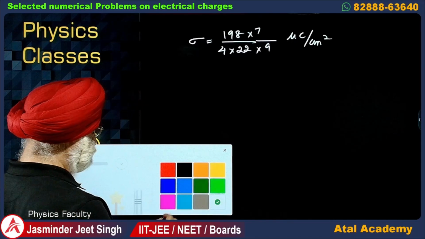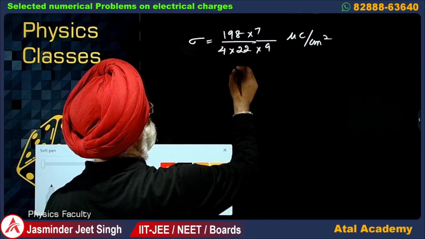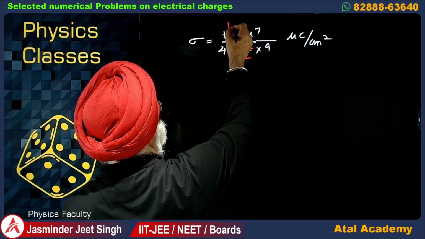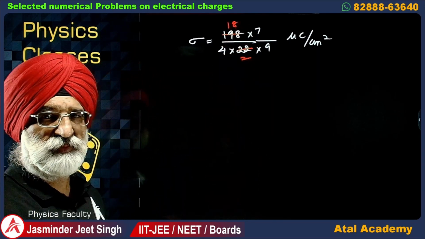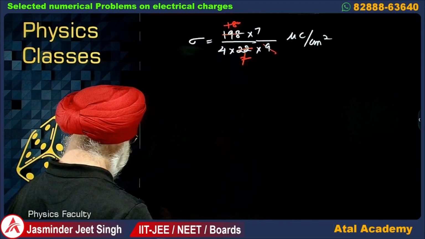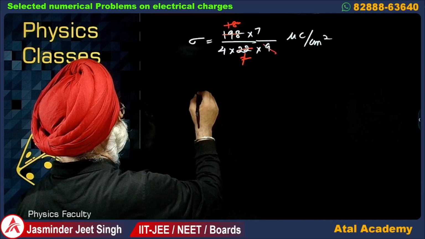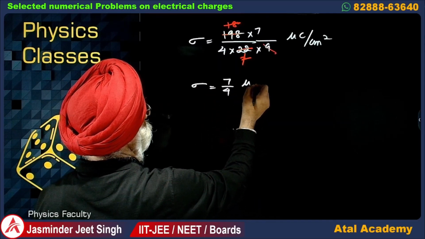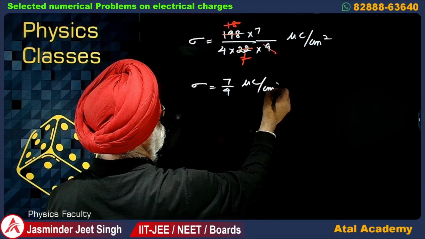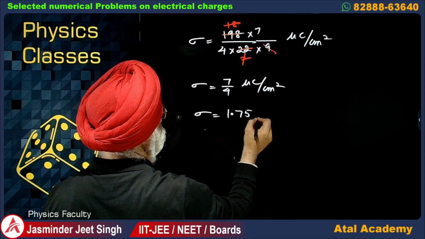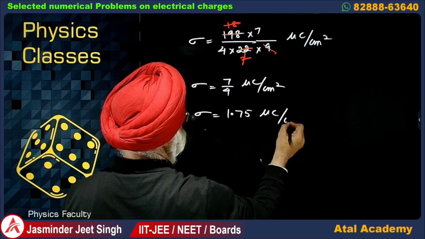If you solve this, 11 into 2 is 22, 11 1s are 11, 11 8s are 88. And 9 into 2 is 18, will cancel. What is left is sigma is equal to 7 upon 4 microcoulomb per centimeter square. It will be 1.75 microcoulomb per centimeter square.